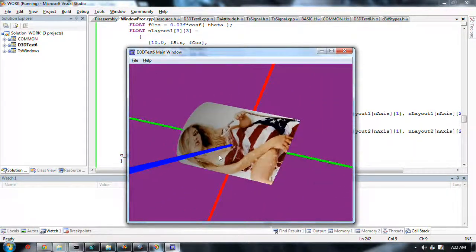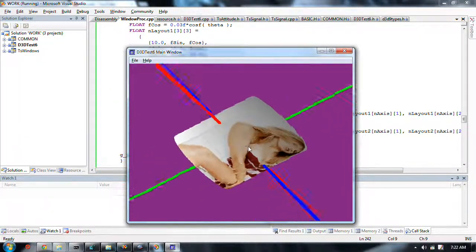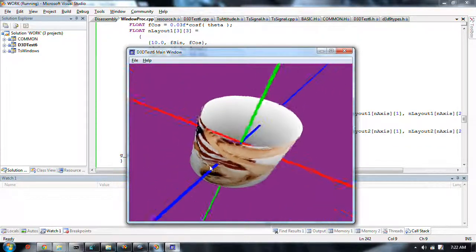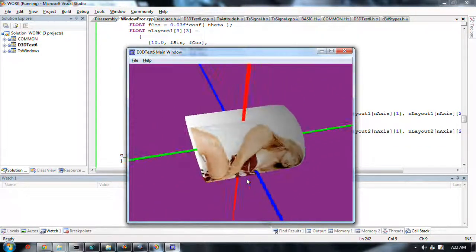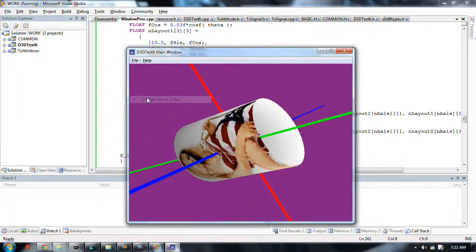It might be because it definitely looks like it's rotating about... Oh, yes, well that's the problem.